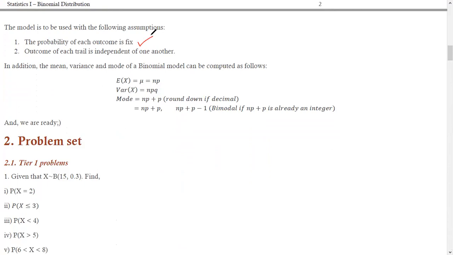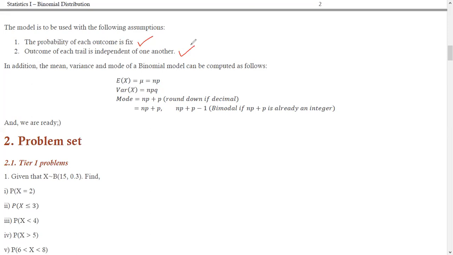If it changes, then this model will not work. The outcome of each trial must be independent of one another, meaning the first time I throw the coin must be independent of the second time I throw the coin. Every throw must be unbiased. So long as these 2 assumptions are valid, please feel free to use the model.